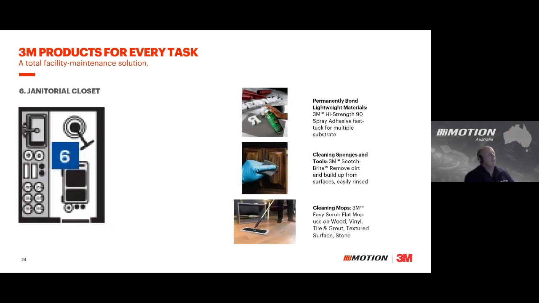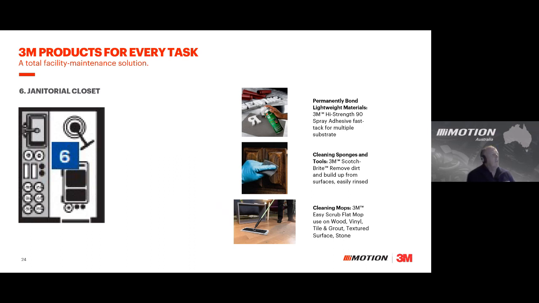If we jump over to the janitorial closet area, some of the permanently bonded lightweight materials, some 3M high strength 90 spray adhesive, which is a fast tack and will bond a multiple of different substrates in that space. 3M also have their range of sponges and tools that will provide the ability to clean not only timber, but a range of other surfaces as well.